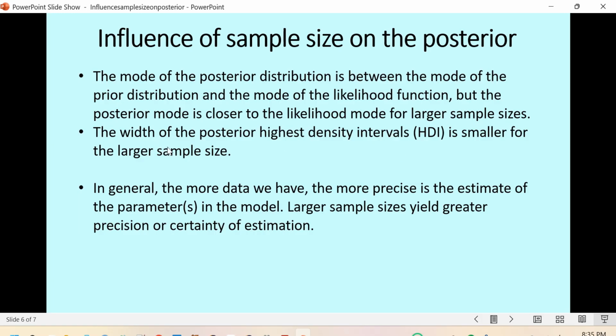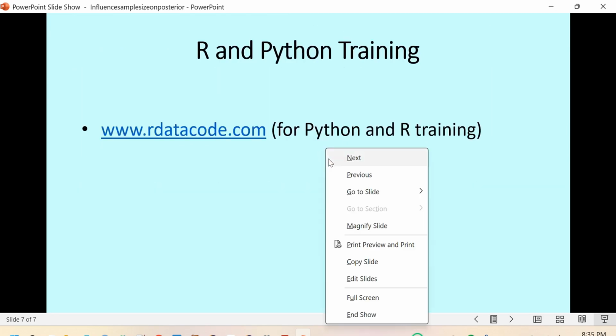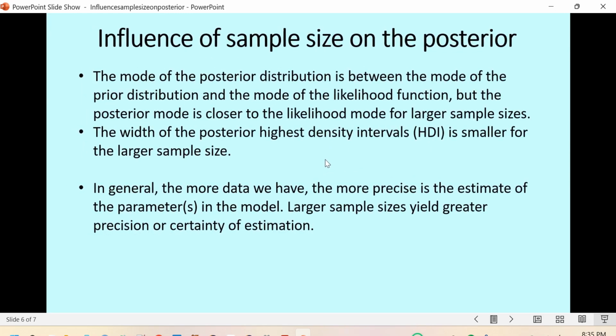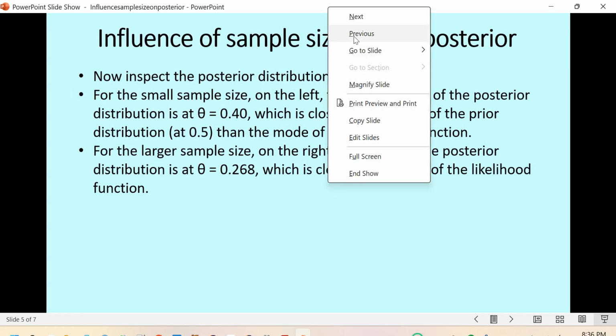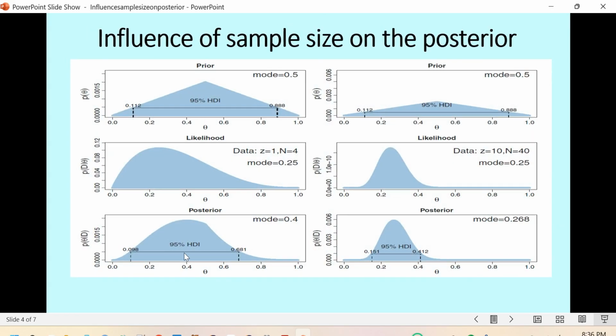And the width of the posterior highest density interval, HDI, is smaller for the larger sample size. So what is the highest density interval? If we look at this posterior, this range is the highest density interval.